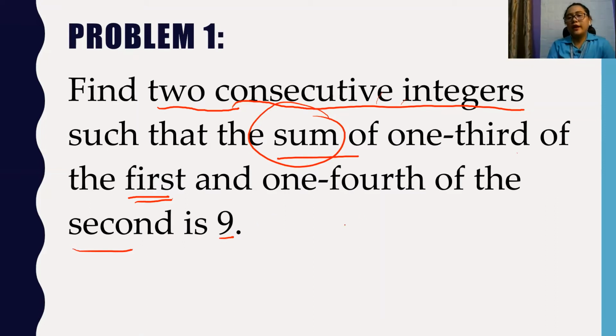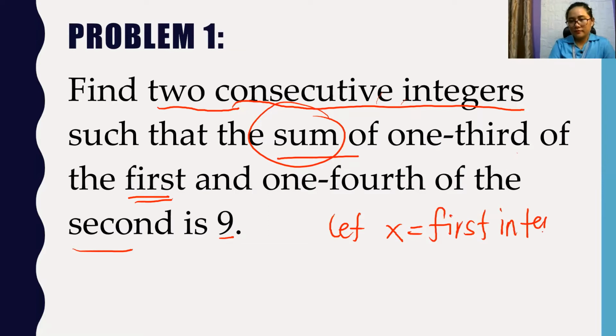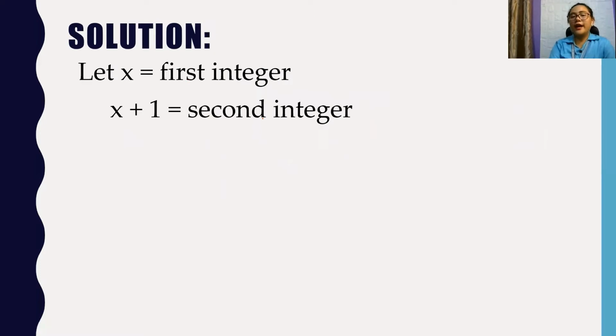So, kapag i-let natin si x is equal to the first integer, okay? Okay, dito na lang sa kabila. We are going to let the x as the first integer. In order for us to find the second one, you are going to add 1.